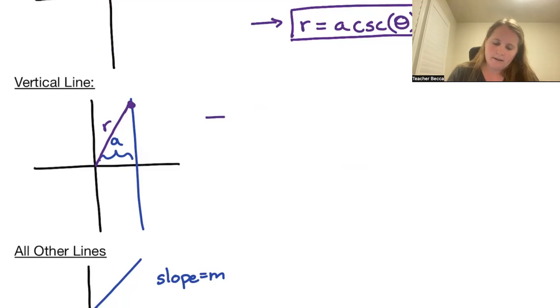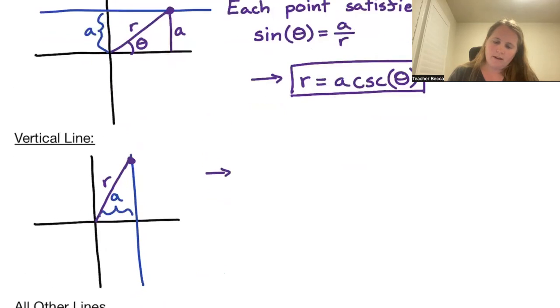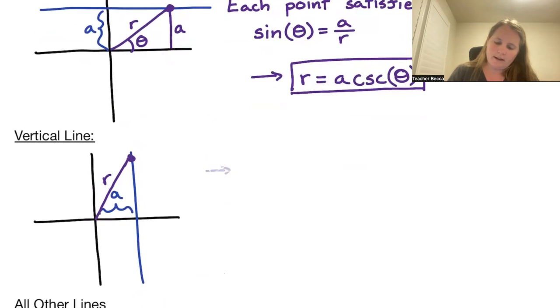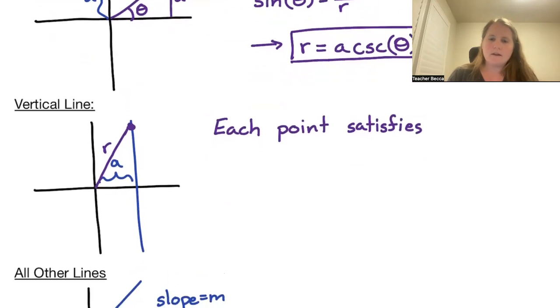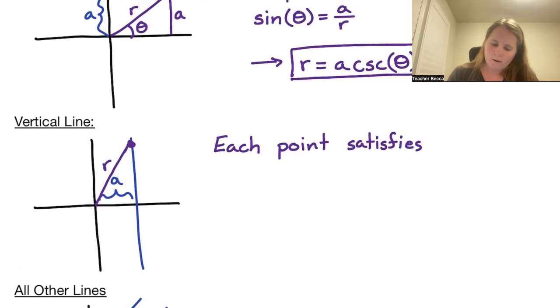So in this case, we have that each point on the line satisfies that cosine of theta is equal to a over r.